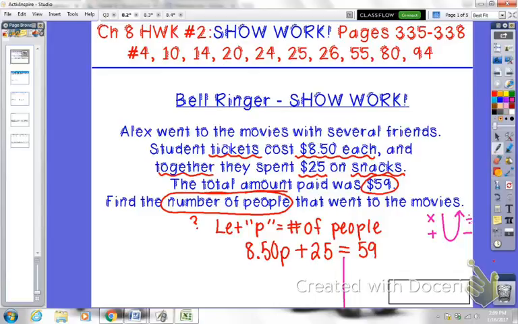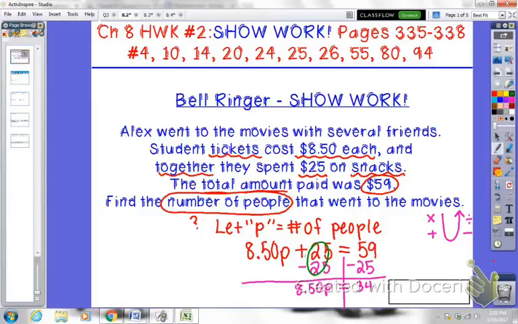So we're going to undo adding 25 by subtracting 25 from both sides, and that gives you $8.50 times your variable P, and 59 subtract 25 is 34. Okay, this makes 0.